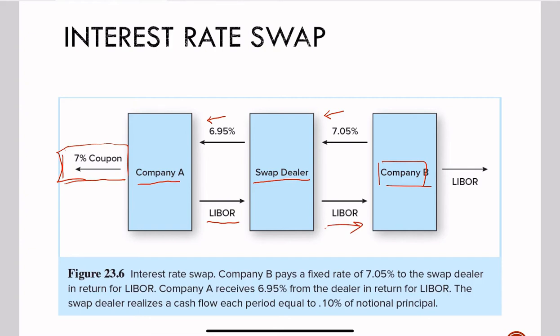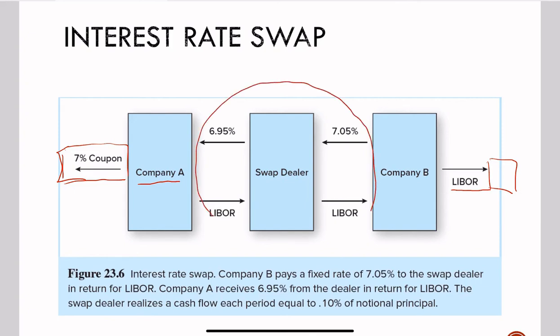Right? Why firm B wanted to do that? Well, maybe the firm B has some liability which pays interest which is tied to this floating rate. Now, the important thing is, you can see that if you look at this circled part, right?